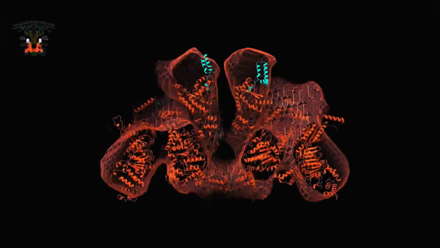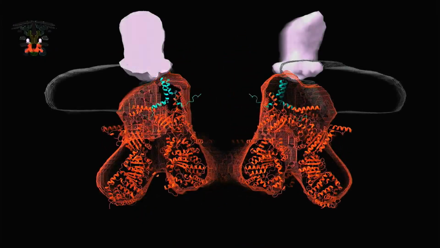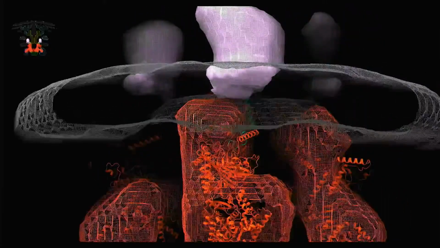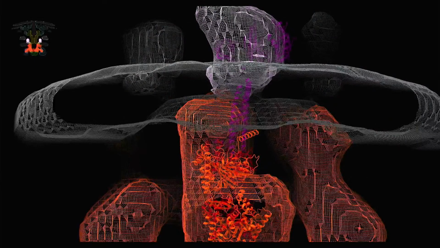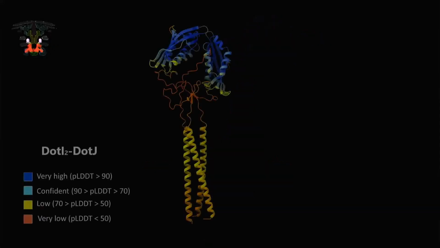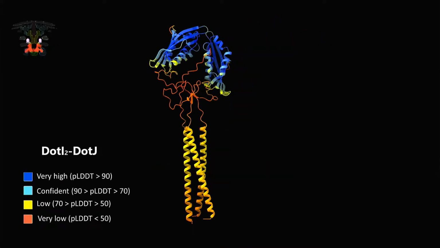The cytoplasmic densities are probably the most flexible, and so there are the largest mismatches between the cryo-ET envelope and the atomic models. Anyway, we see that there's a linker with some transmembrane domains, and then this part is in the periplasm.